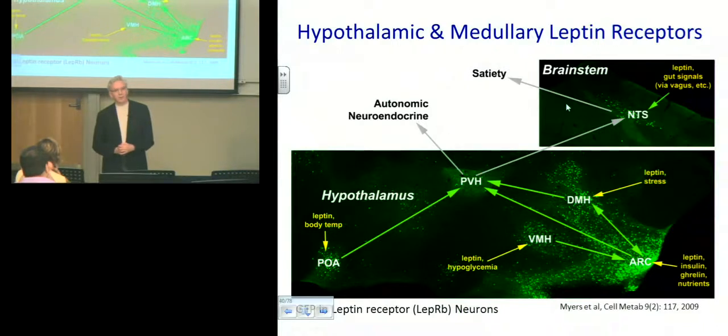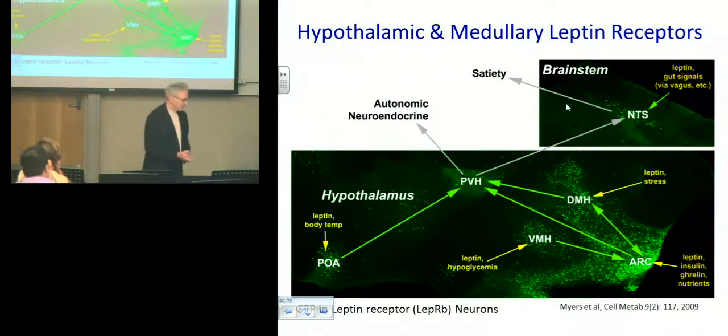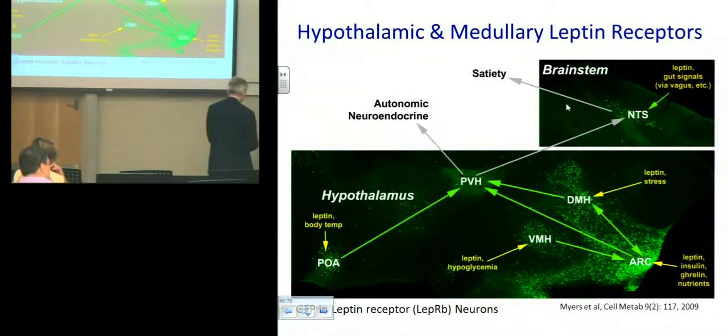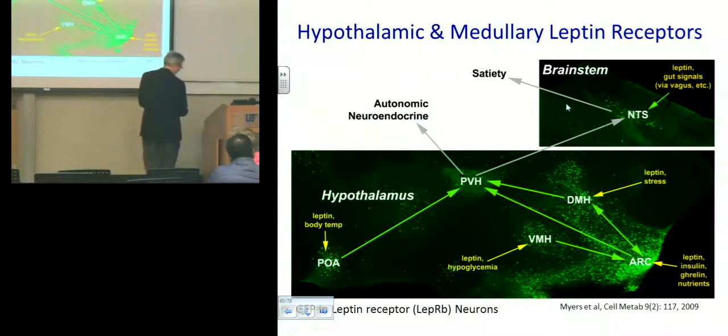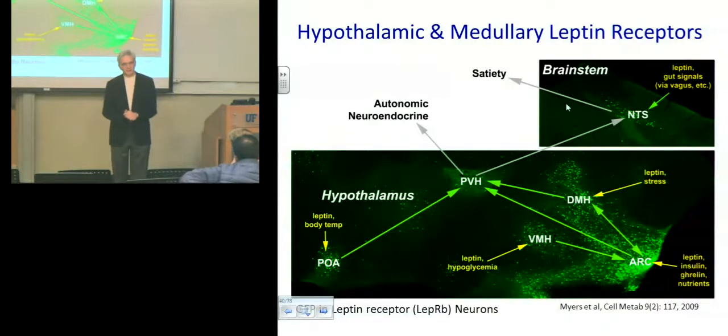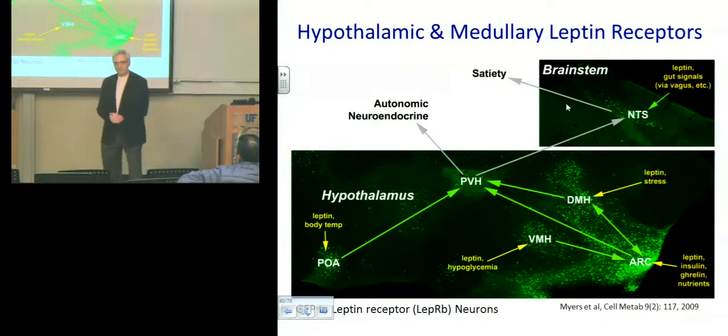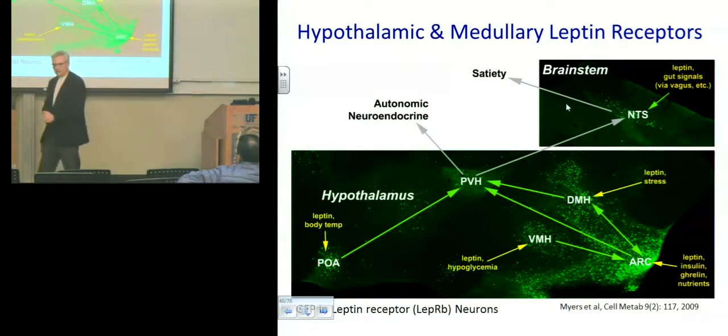The OB mouse lacks leptin. It was the first genetically modified mouse ever created in the lab, I think. It's been pretty well characterized, but OB mice lack leptin, and they become obese. So leptin is thought of as produced by adipocytes and a satiety hormone.